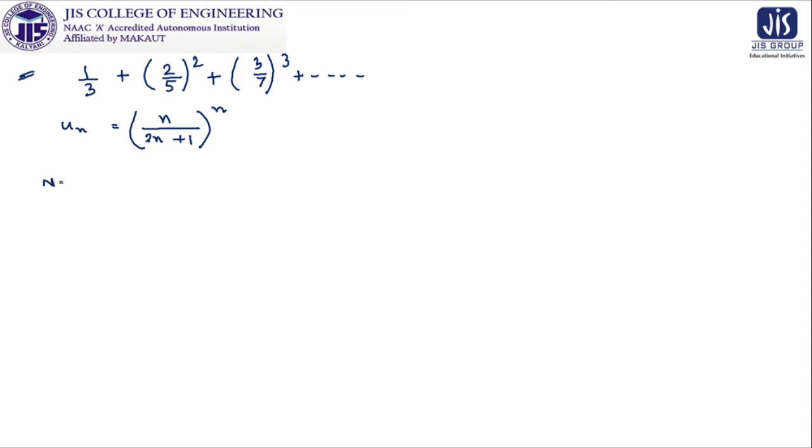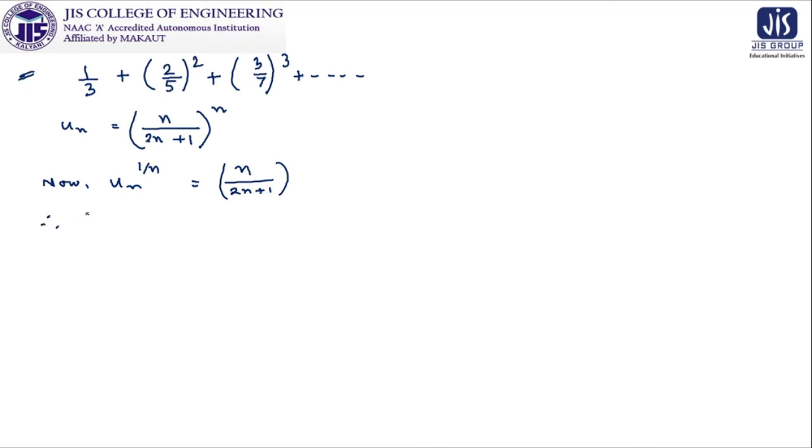Now we can write un to the power 1 by n, because here the power is raised to n. This is the clue. That is (n by 2n plus 1) whole to the power n into 1 by n, that means nothing is remaining in the power, that is 1.